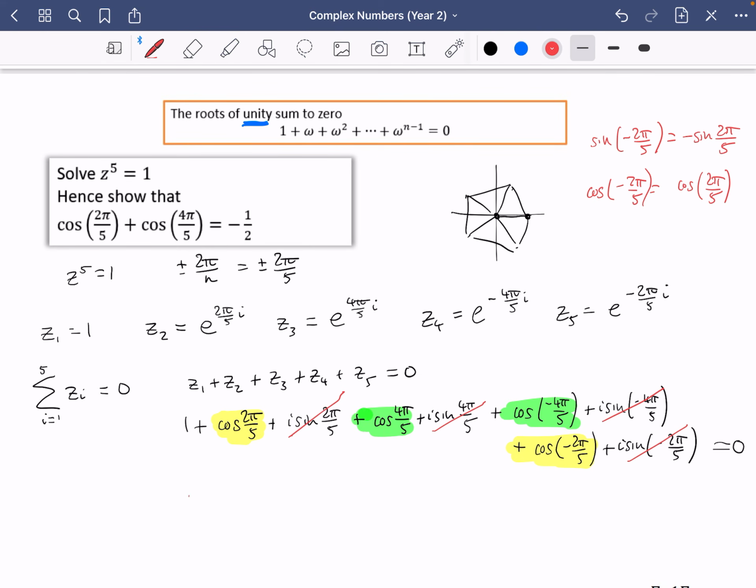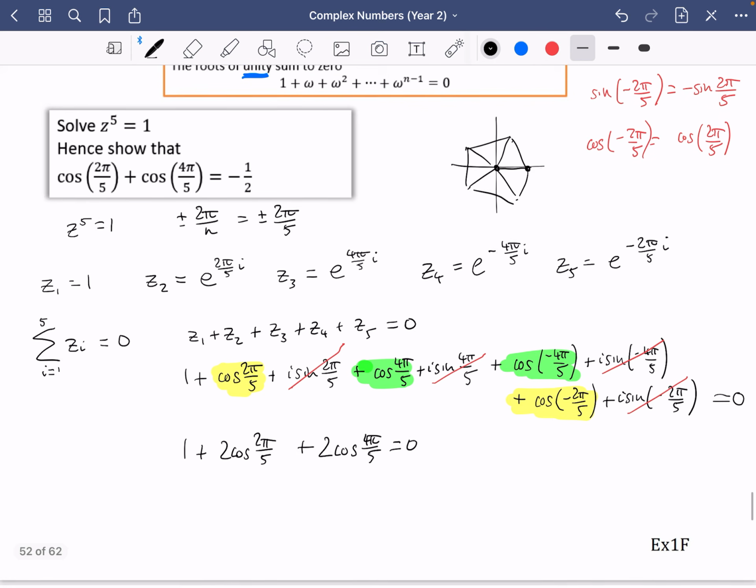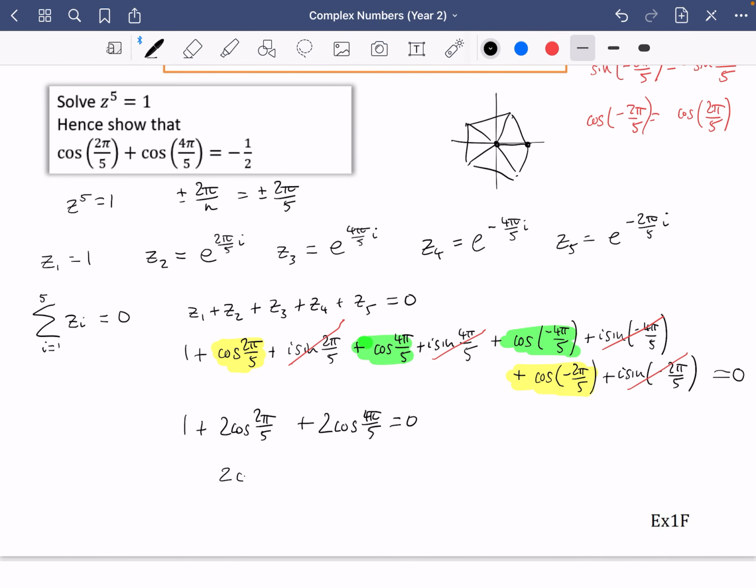So that means I've got 1 plus 2 cos 2 pi over 5 plus 2 cos of 4 pi over 5 is equal to 0. So 2 cos 2 pi over 5 plus 2 cos 4 pi over 5 is equal to minus 1. And when I halve that, I get cos of 2 pi over 5 plus cos of 4 pi over 5 is equal to minus a half, which is the thing that they wanted us to show.